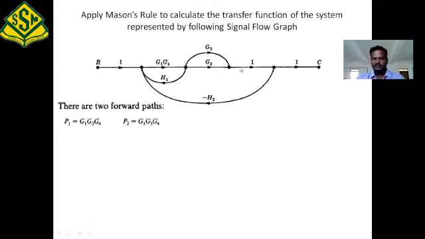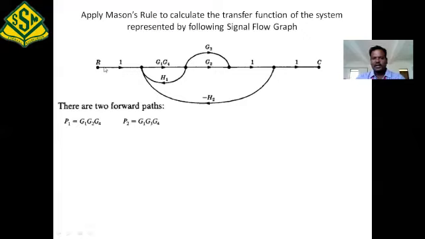Multiply all the gains present between the nodes. Between these two nodes you have a gain 1. In a similar fashion, between the other nodes you have gains G1, G2. So in the horizontal line, forward path 1, you have gains 1, G1, G4, G2, 1 and 1.